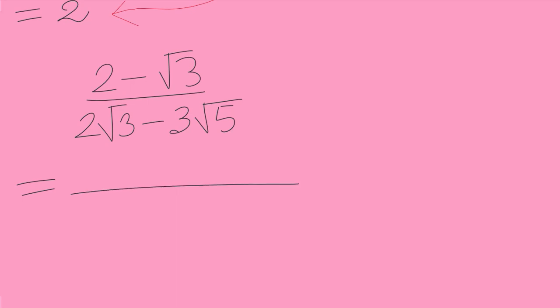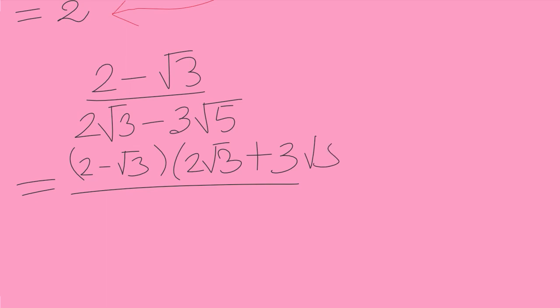So the denominator is in the form of a minus b, right? So what we do is we multiply a plus b to both the numerator and the denominator. This is our numerator here, and 2 root 3 is our a in this case, and we have 3 root 5 as b.